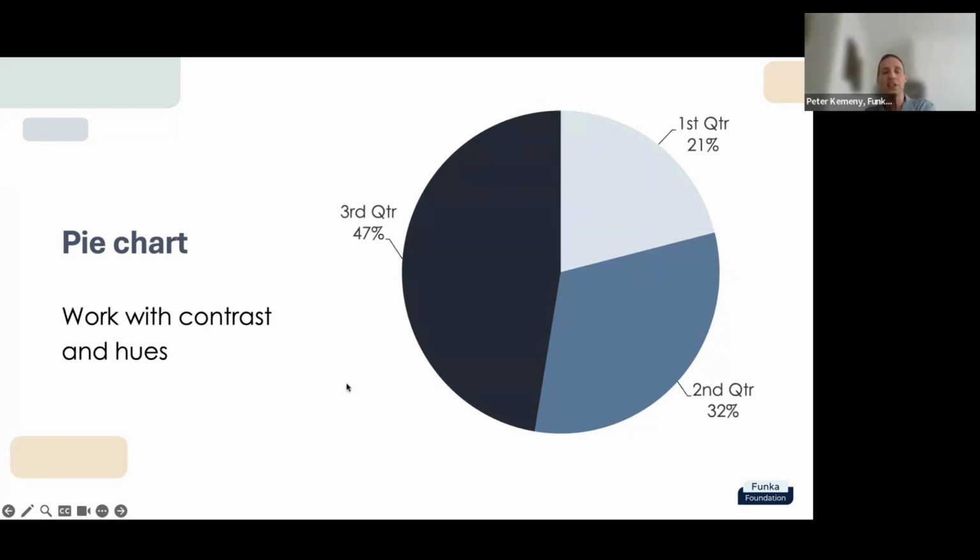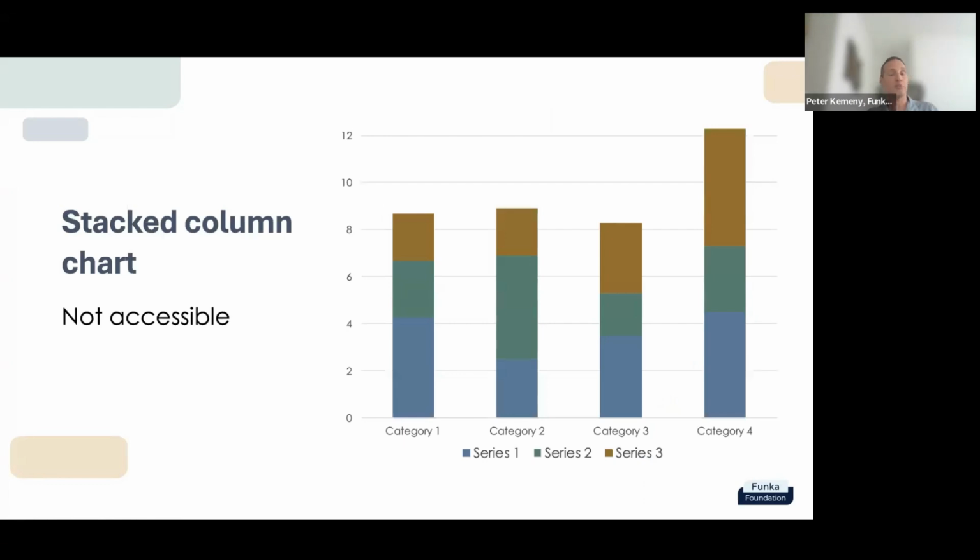This is actually the same color, but with different hues that provide big enough contrast. So that's another way to distinguish the slices. Again, the issue is that you can do it only for 3 or 4 slices. Beyond that, you cannot play only with hues. So that was pie charts.